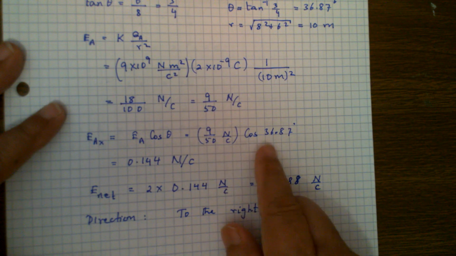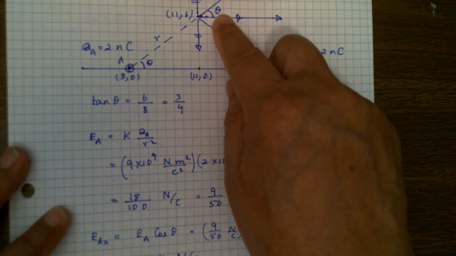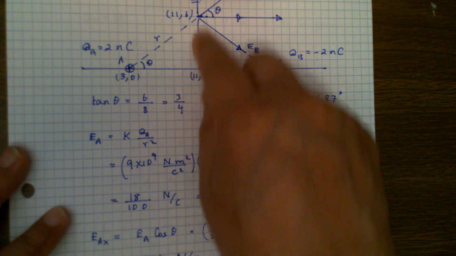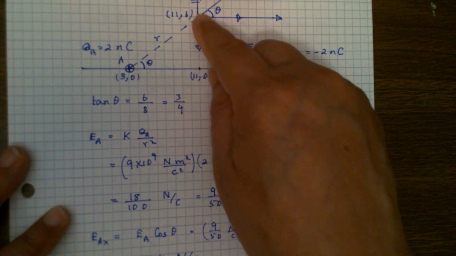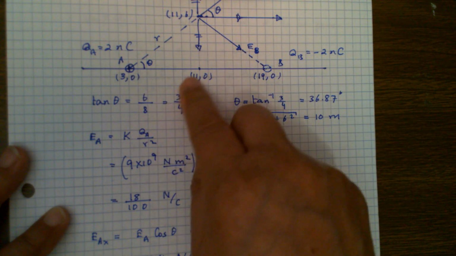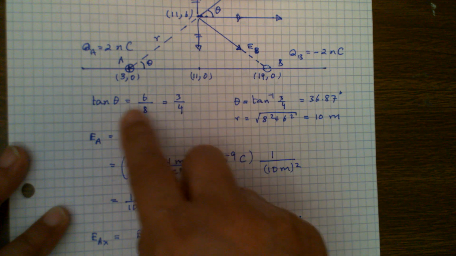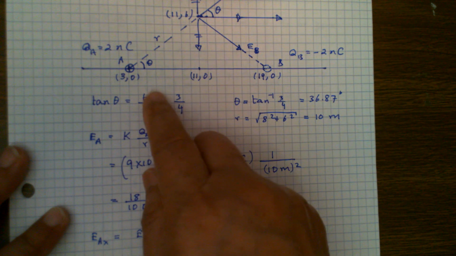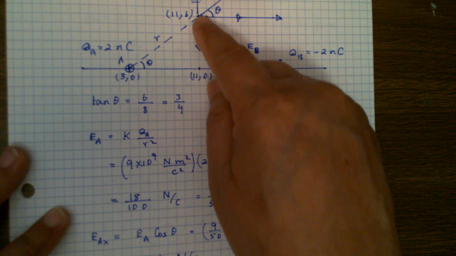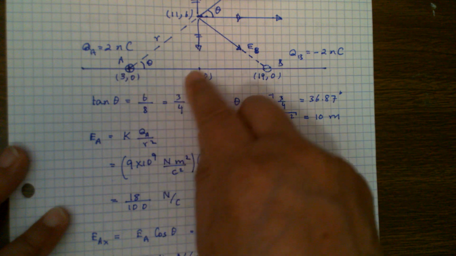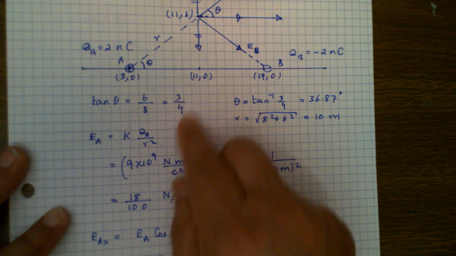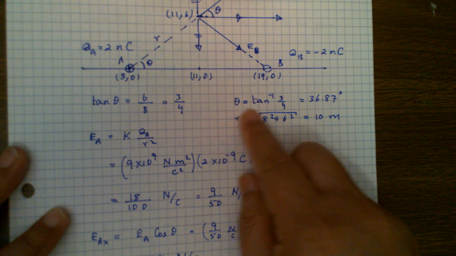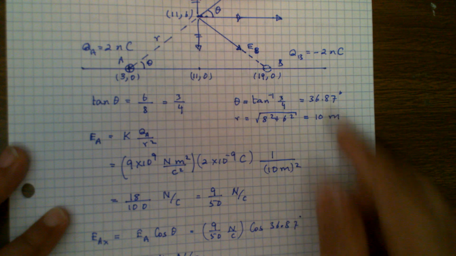So I need to find this angle from this triangle. This height is 6 and this distance is 8. So tangent theta is equal to 6 by 8. Tangent theta is opposite over adjacent. 6 by 8 is 3 by 4. I find the angle to be 36.87 degrees.